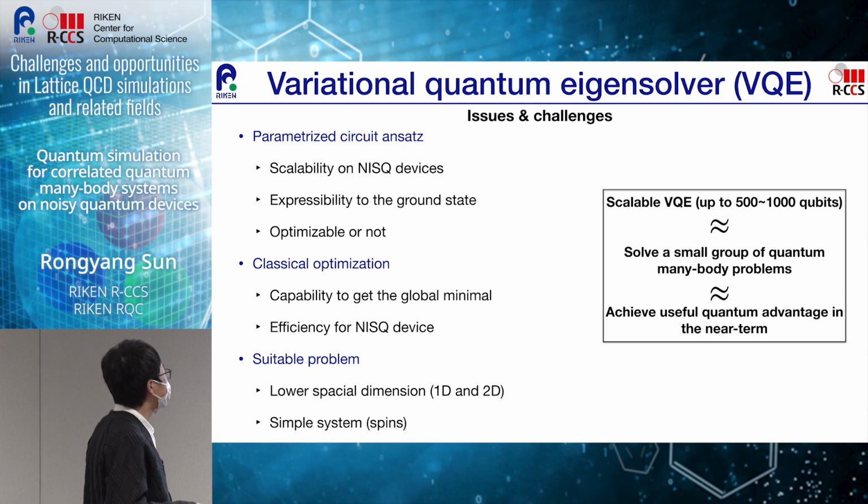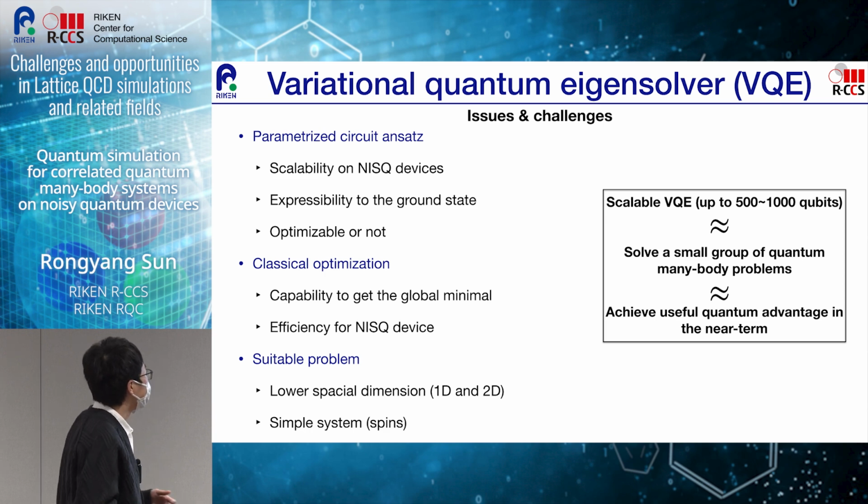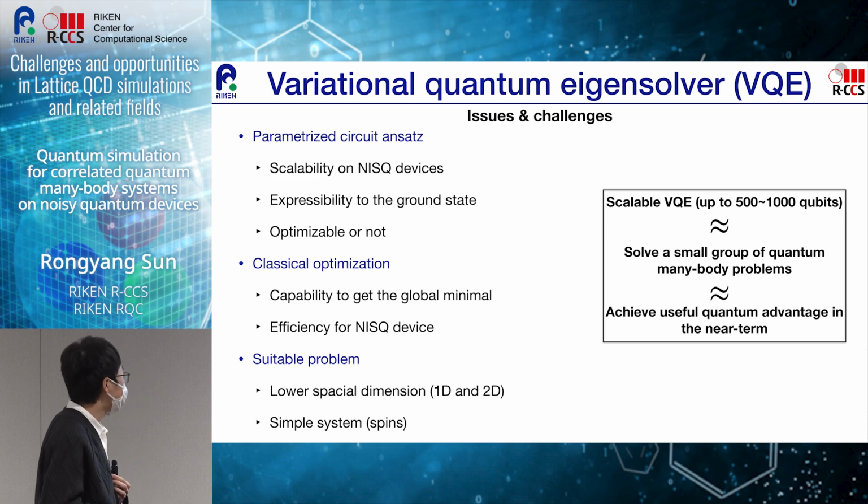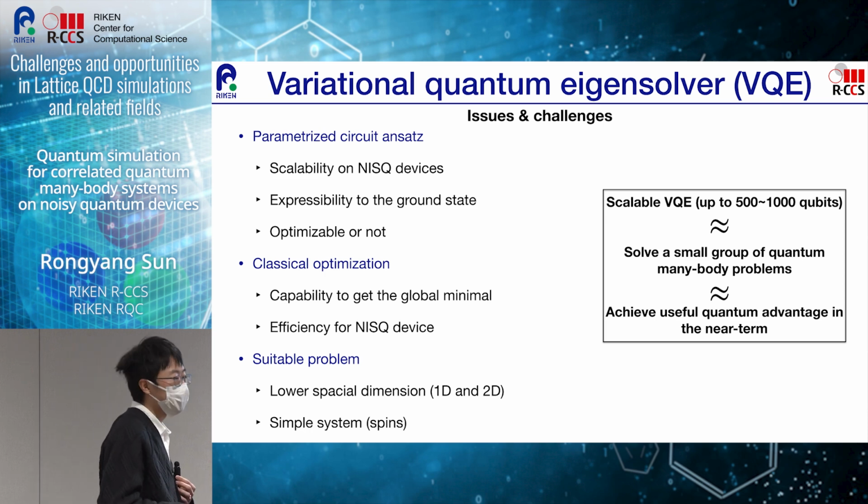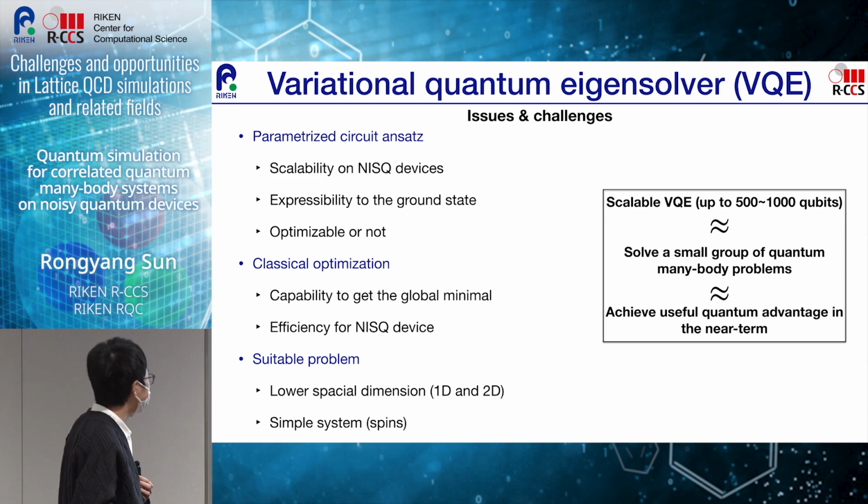Also, for the classical optimization, you need to check if your optimizer has the ability to get the global minimum, and you also need to care about whether your classical optimizer is efficient for the NISQ device, since currently the quantum resources are still very expensive.